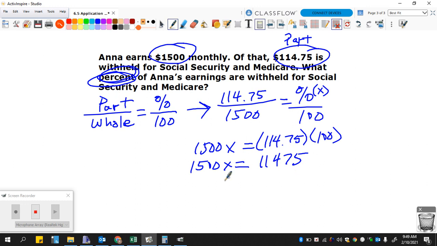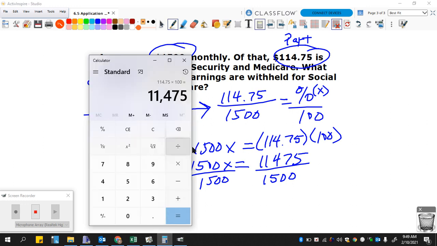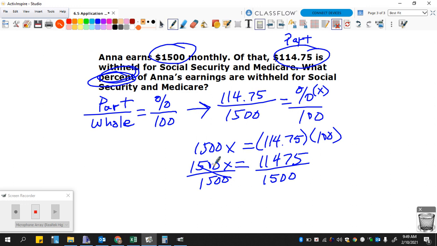Then we divide that amount by 1,500, and so x, or our percent, is 7.65%.